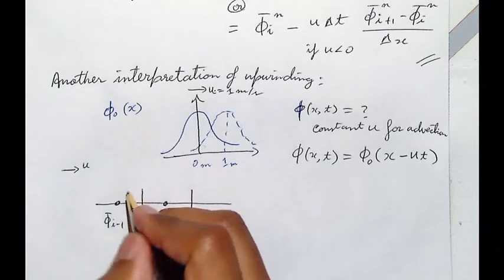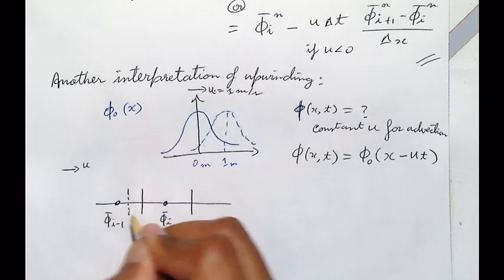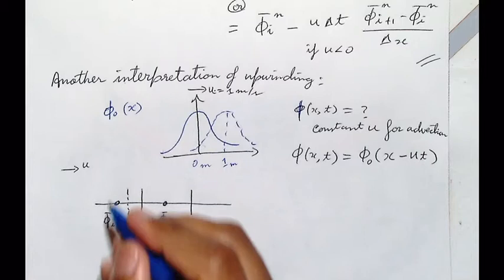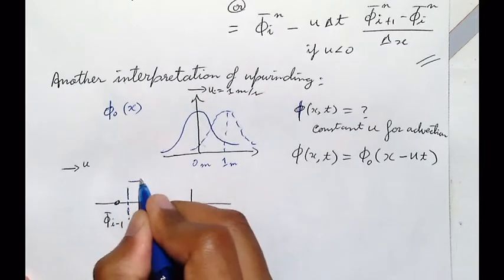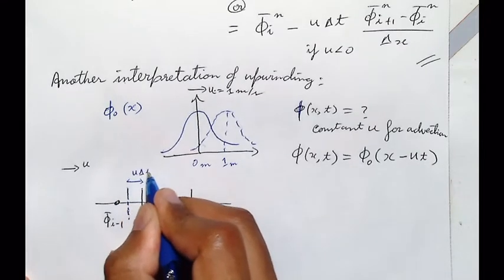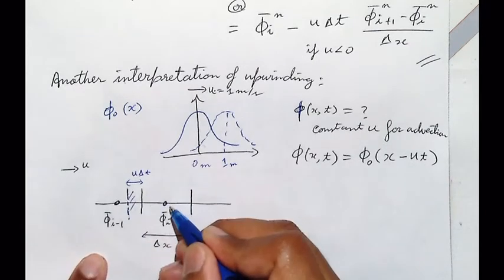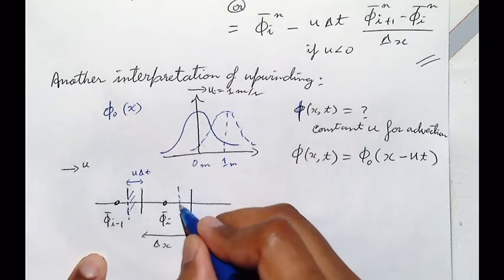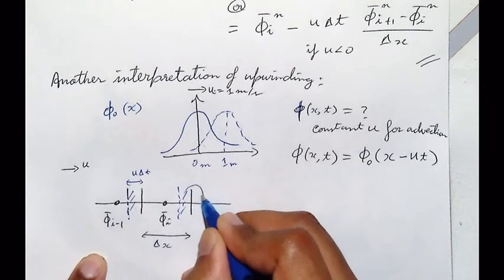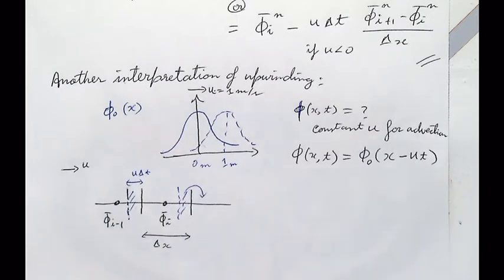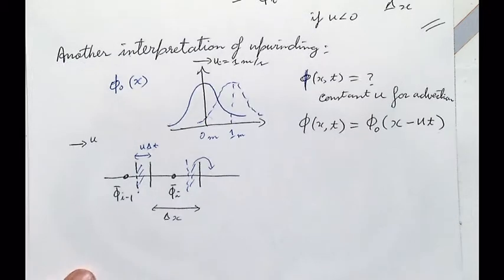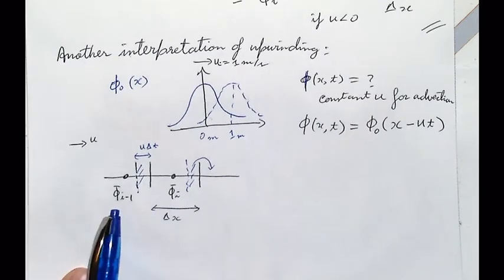It's however much stuff is contained in this region. All the stuff contained in this shaded region will move to the right, and the same for this cell, so this stuff will move out of the cell. And again, phi i and phi i minus 1 are not the same.